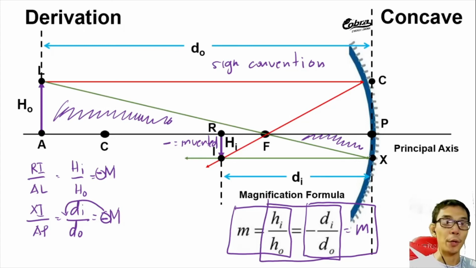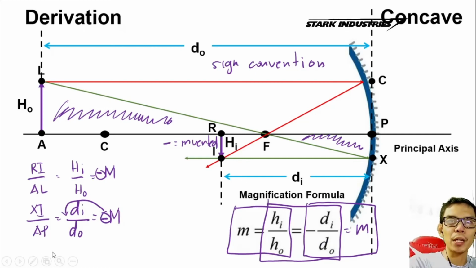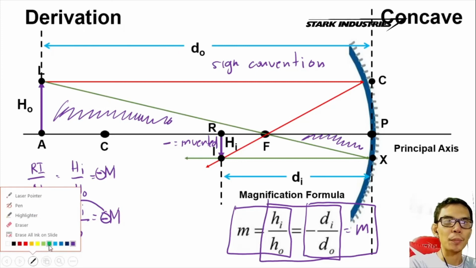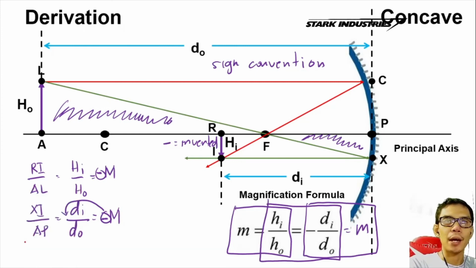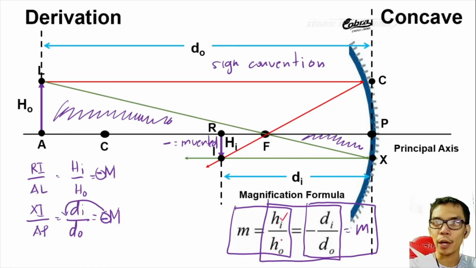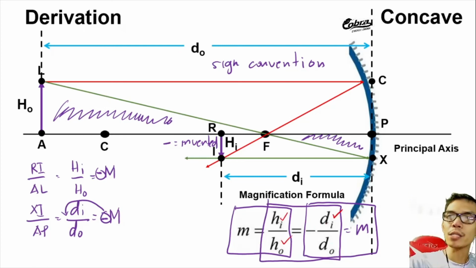For example, your distance of the object is missing, but what is given is the height of the image, height of the object, and distance of the image. In order to get the distance of the object, you can use this formula if these three are given. So that was your magnification formula.